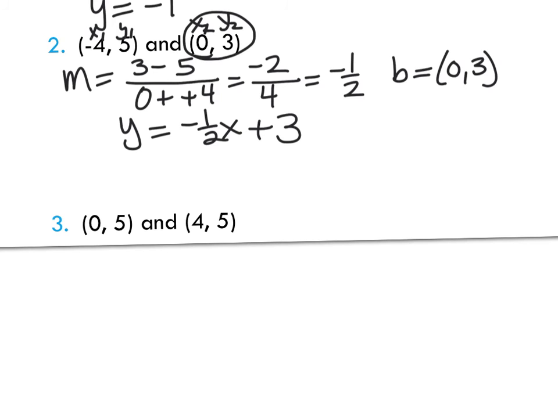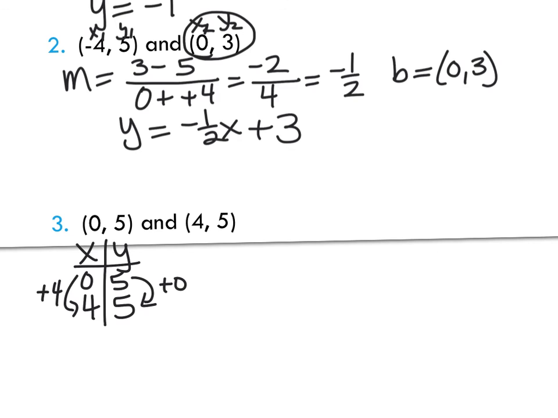Alright, since the last one I did the formula for it, this one I'm going to do the table. So I'm going to go 0, 5, 4, 5, and oh, I notice again that there's no change in the y, but there is a change in the x. So my slope is going to be 0/4, which is 0. And then I'm going to look for my y-intercept, 0, 5.